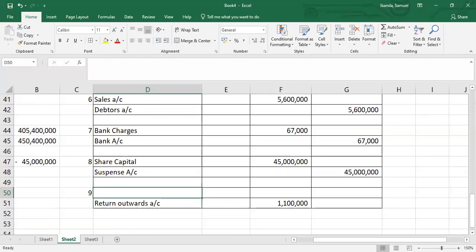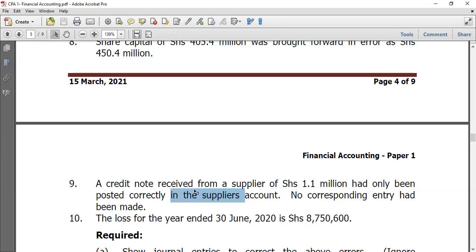Remember, if they're telling you that they only posted in one account, because the transaction is telling you that they only posted in the supplier's account, no corresponding entry was made, it means this is an error of single entry. So ideally, you'd have to put the entry and then the corresponding double entry would go to the suspense account. So that is why I came and did the same thing.